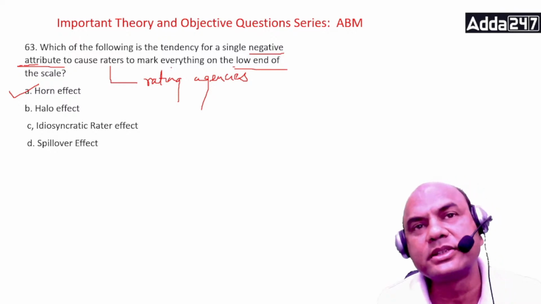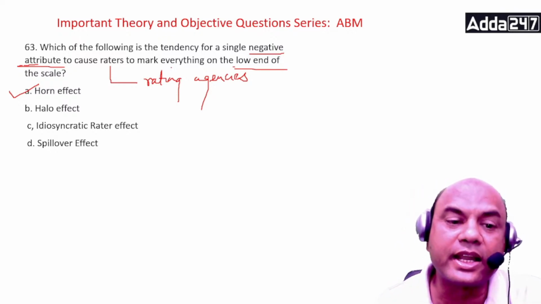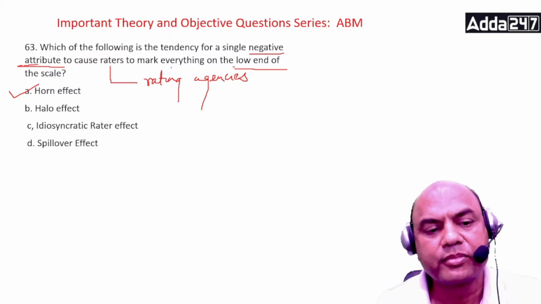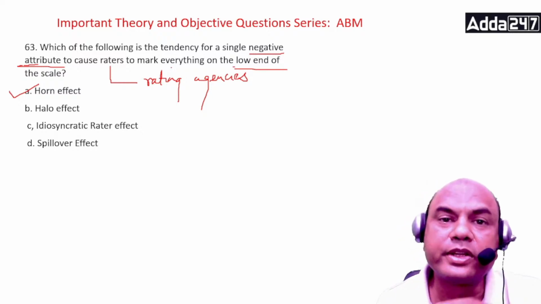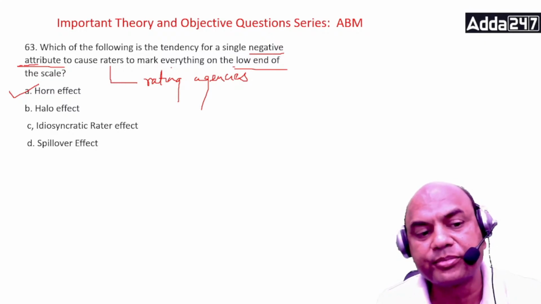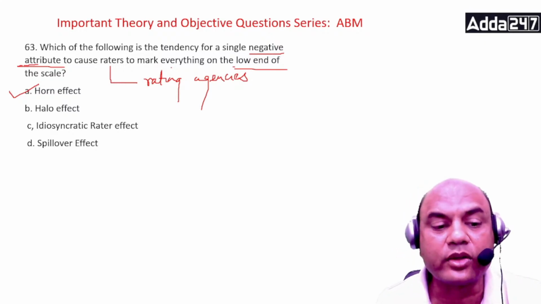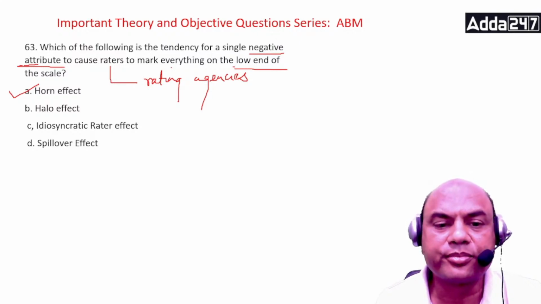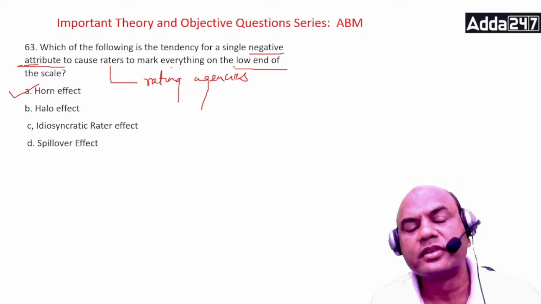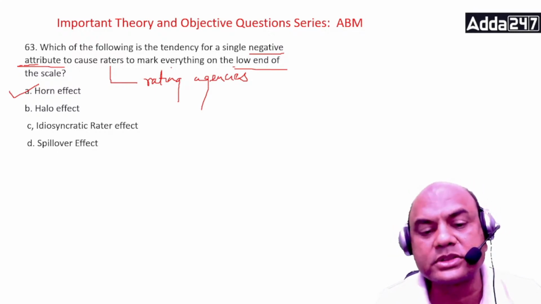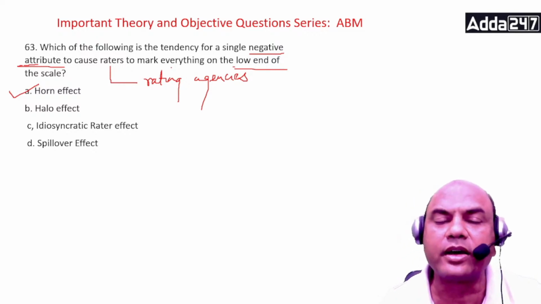Halo effect means it's a tendency for positive impressions of a person or a company to positively influence one's opinions. Means I try to influence others, my investors, in a positive way. That's known as a halo effect. Okay, what is this horn effect then? Horn effect means basically, look at this. It's a tendency for a single negative attribute to cause the raters to mark everything on the low end.